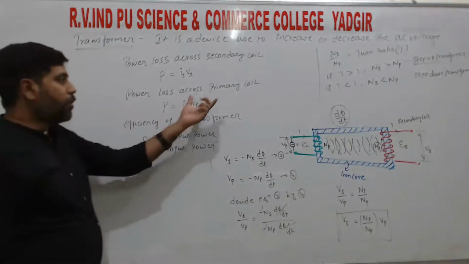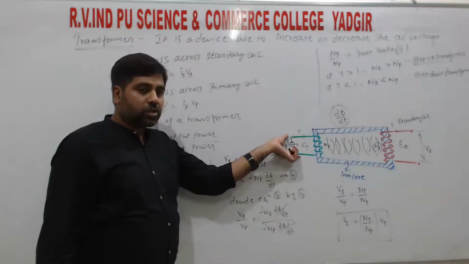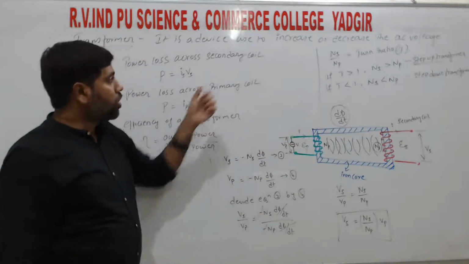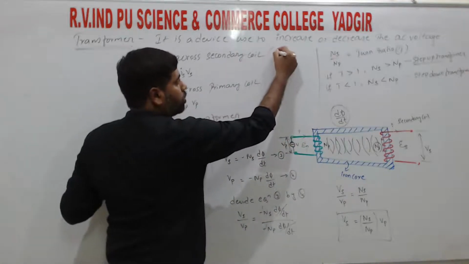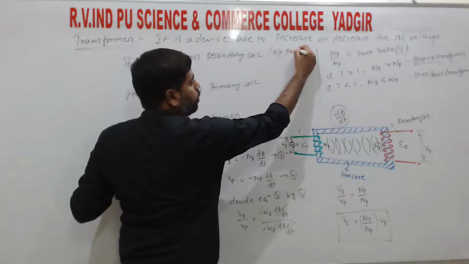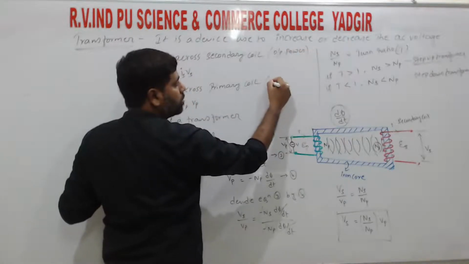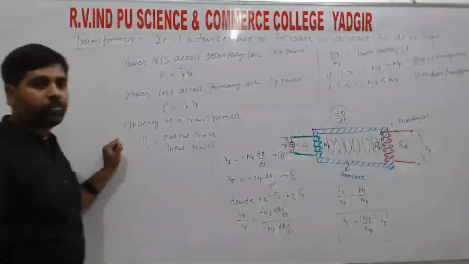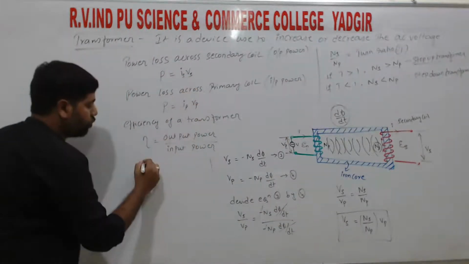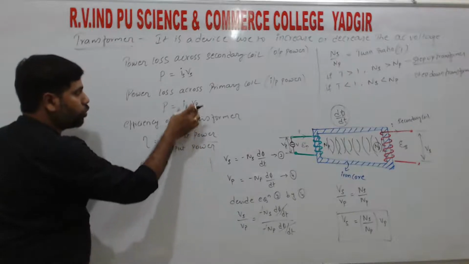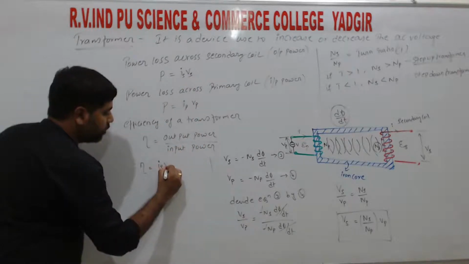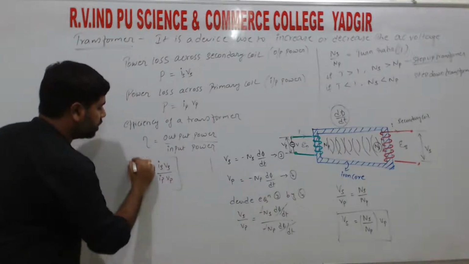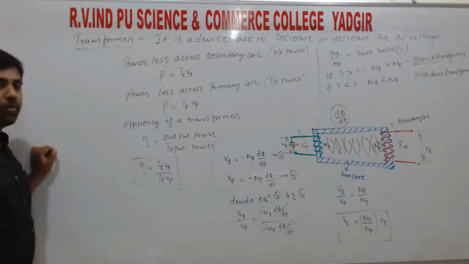So as the primary coil always has the AC source connected, we call this one the input power. In the secondary coil we always take the output, so we call this one the output power. So what is at the primary coil we call input power, right? So now substituting these two values, eta is equal to output power Is Vs divided by Ip Vp. So this is the efficiency of a transformer, right?